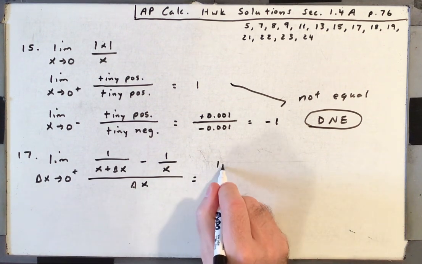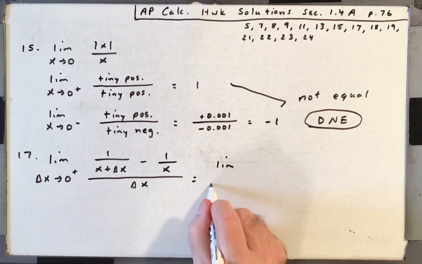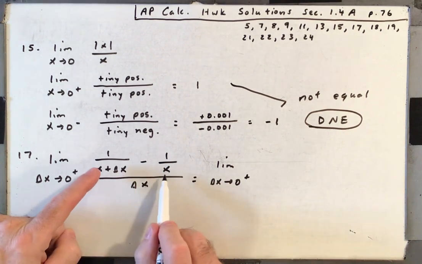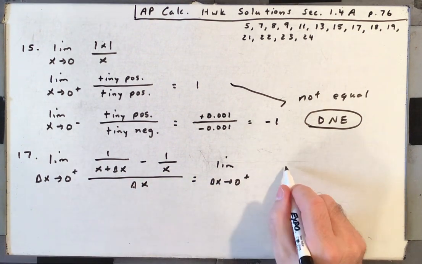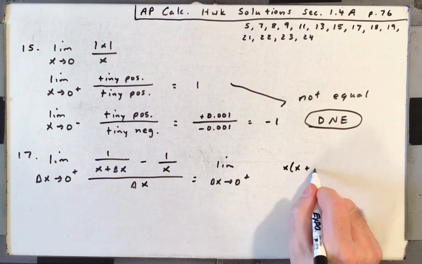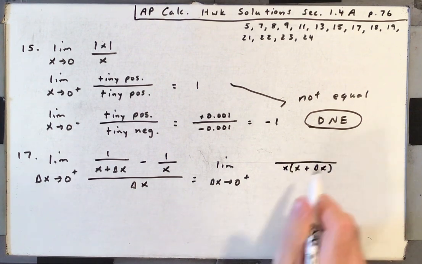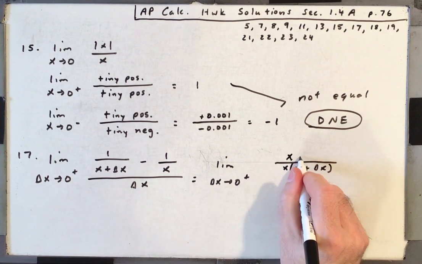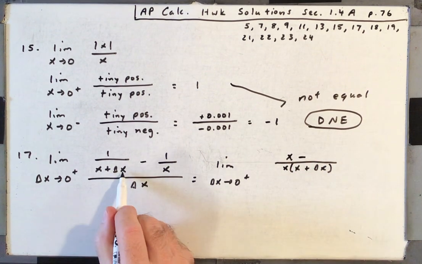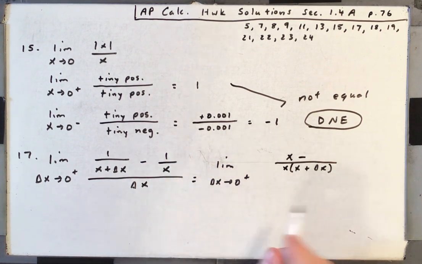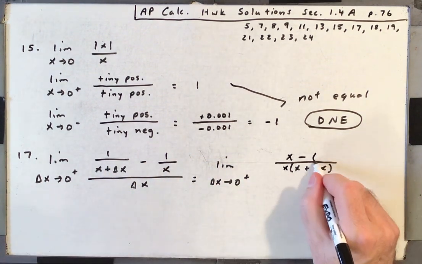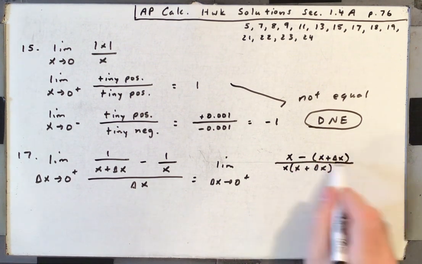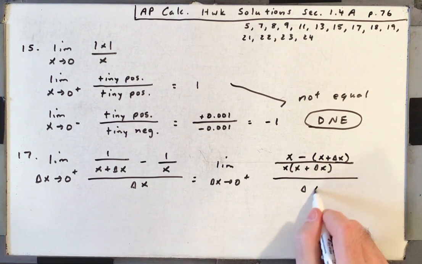Now, the quick way of putting these fractions together, if I can remind you from pre-cal, take the denominators and multiply them together. So that's going to be x times x plus delta x. That's your common denominator. Bring this x on bottom up top. And then bring that x plus delta x up top on the right. So you just cross them. But we need to put it in parentheses because we're subtracting the entire thing over delta x.